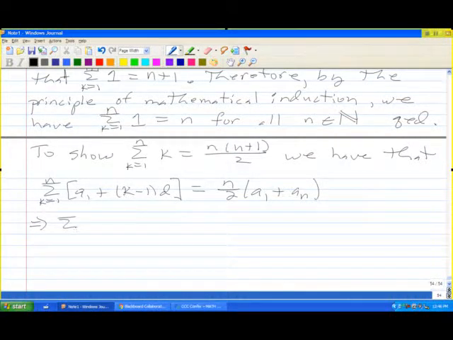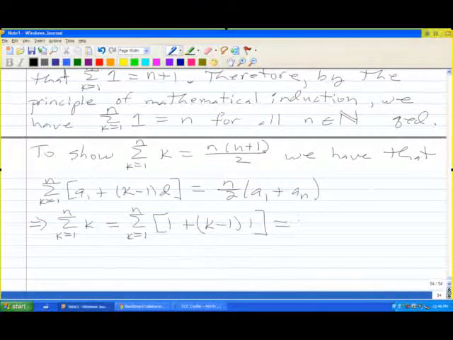So the sum k equaling 1 to n of k is the same as the sum k equaling 1 to n of 1 plus k minus 1 times 1, because k minus 1 plus 1 just gives you k.